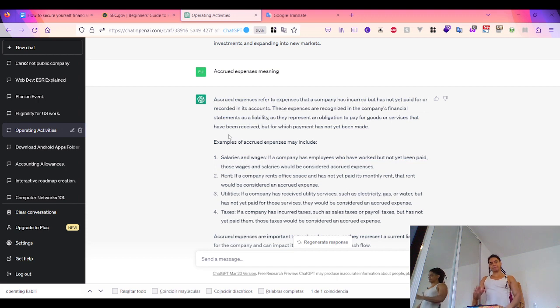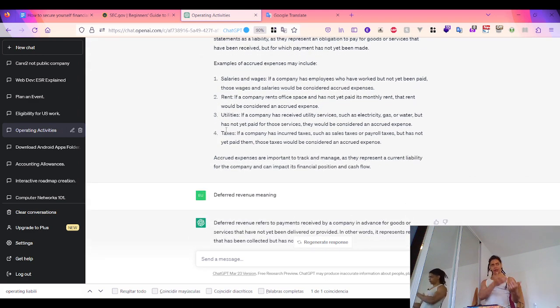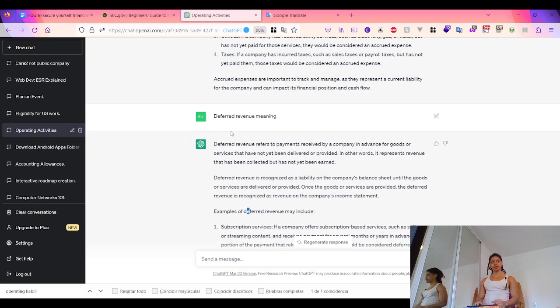In other words, accrued expenses are expenses that I'm enjoying but I haven't paid for. They are obligations that I have to pay for the good or service that I received, such as wages and salaries, rent, utilities, and taxes.